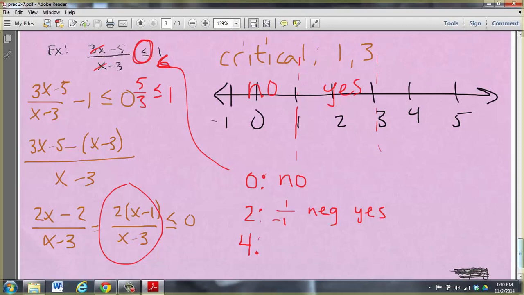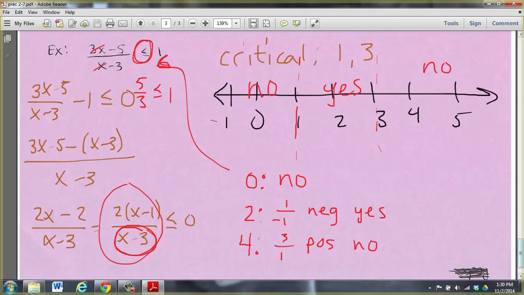Plug 4 in. I have a positive on top and a positive on bottom, which is positive, which is not less than 0. So no. So my critical zones, and remember 3 cannot be a hard bracket.